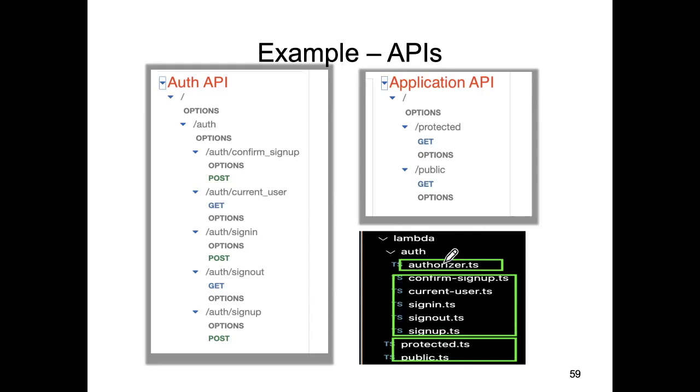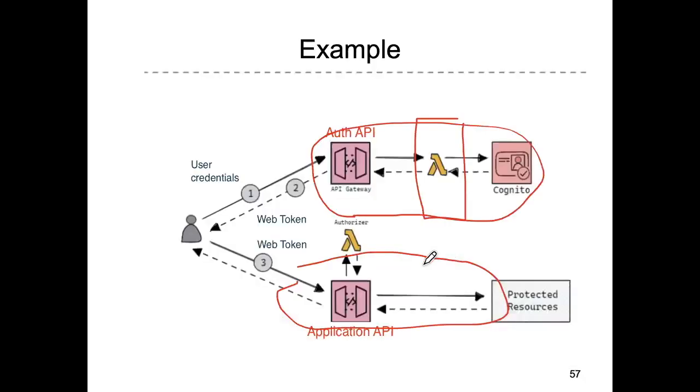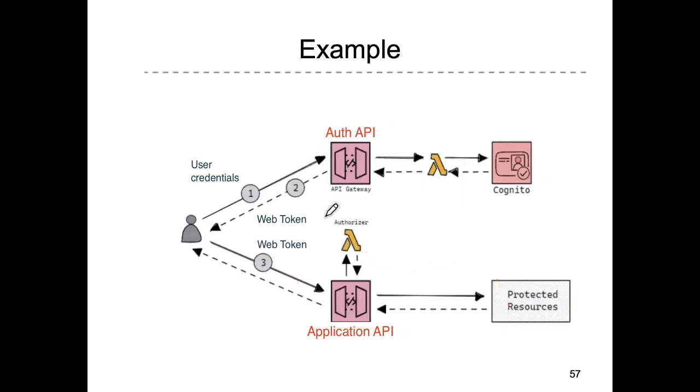That's the one, if I just go back, that's this one here. And what its role will be is when a request comes in to, I'm distinguishing these, I'm calling this the application API and this the authentication API, just for clarity.